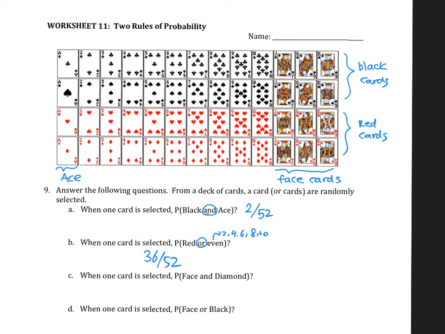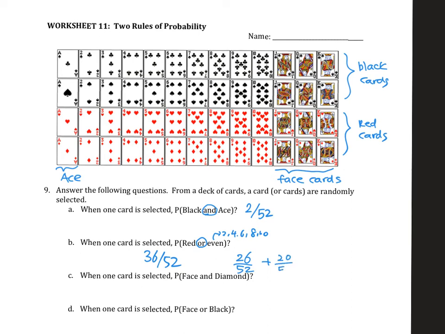If you want to use the formula we just talked about, the addition rule, because it's the OR type of question, what I can do is take the red cards. There are 26 red cards, right? So that's the probability of the first event. Now I'm going to add the probability of the second event. Even numbers: there are 4 suits, and 2, 4, 6, 8, 10 is 5 numbers, 5 times 4 is 20.